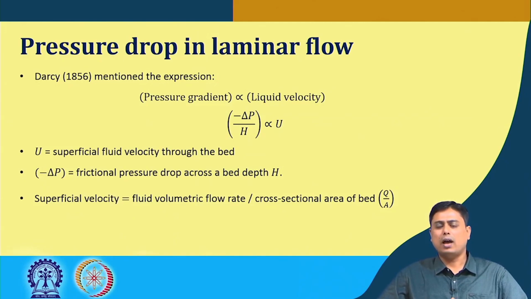So if you have Q units of volumetric flow rate happening through a cross sectional area of A unit square, and Q is your volumetric flow rate, that is unit cube per minute, hour or time, then Q by A is basically the superficial velocity.